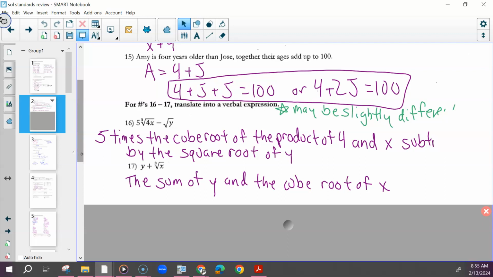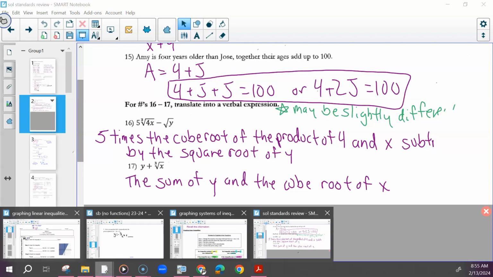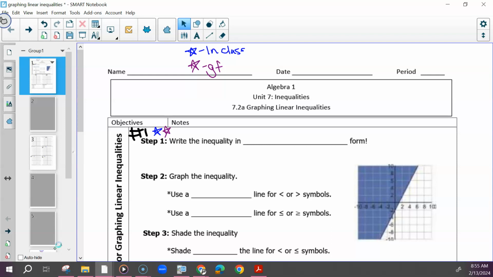Alright, moving on. So today we're going to talk about graphing linear inequalities. You may want to get a ruler.